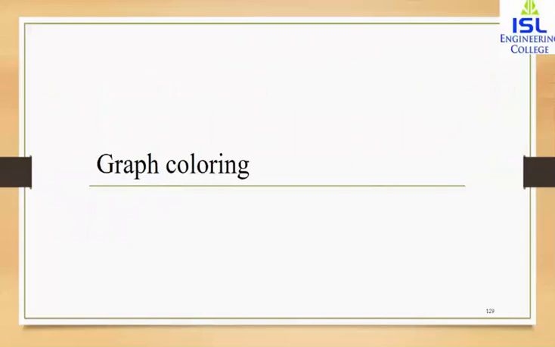Now the next topic is graph coloring. Problems related to coloring of maps of regions, such as maps of parts of the world, have generated many results in graph theory. When a map is colored, we usually assume that all regions in a map are connected, so we don't take an unconnected graph, we take a connected graph.